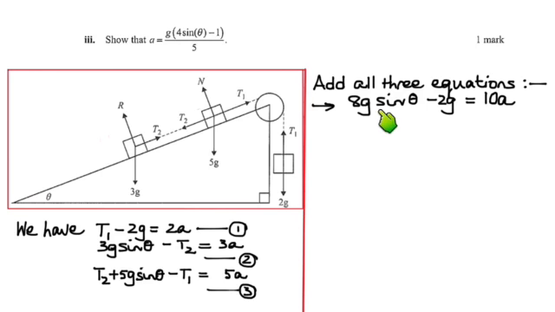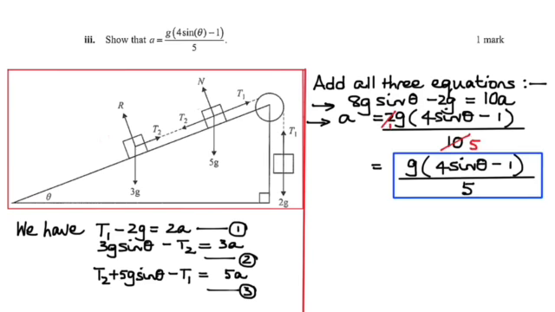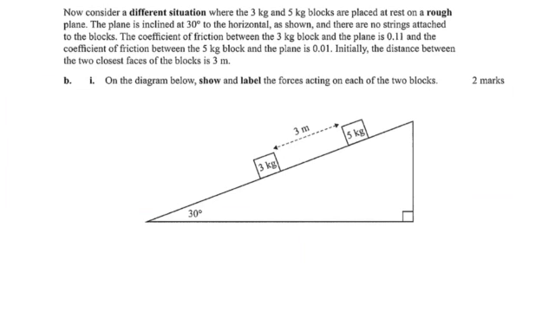So you get 8G sine theta minus 2G equals 2 plus 3 plus 5 is 10A. It's very easy. Let's just divide both sides by 10 and you get that, and then you just do a bit of cancellation and you get that, which is the answer as required. Isn't that beautiful? So let's go on.